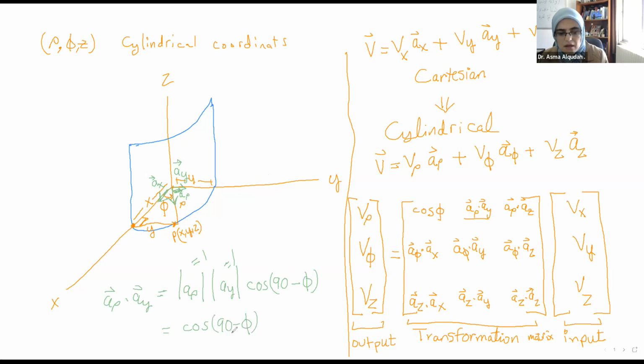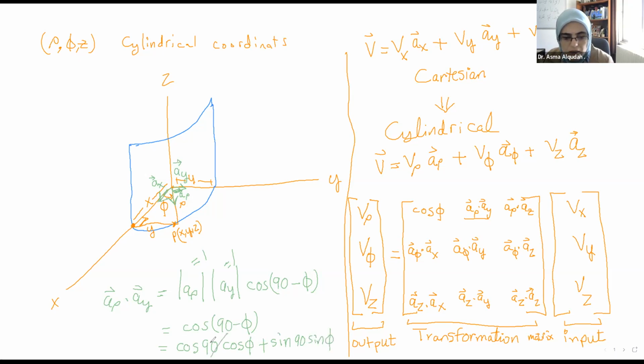Using the trigonometric identities, cosine of 90 minus phi is equal to cosine 90 times cosine phi plus sine 90 times sine phi.